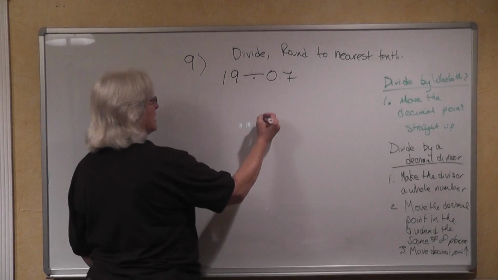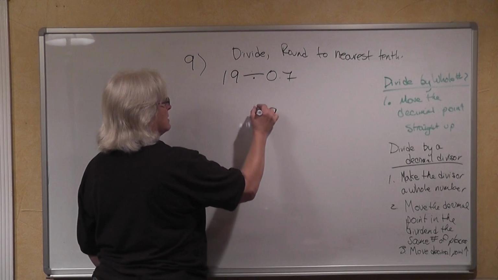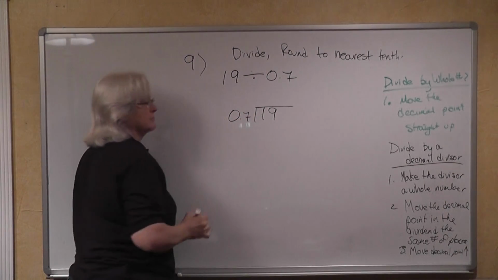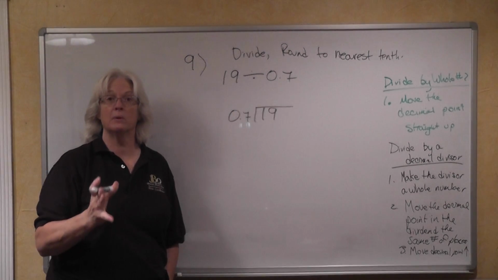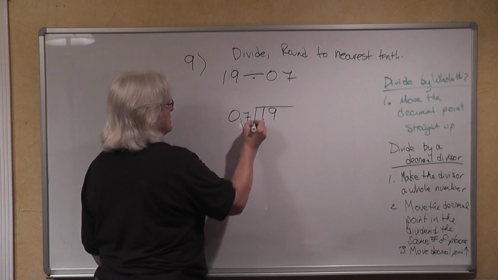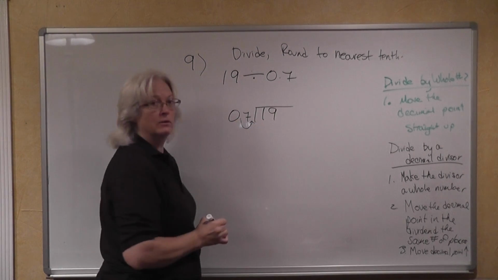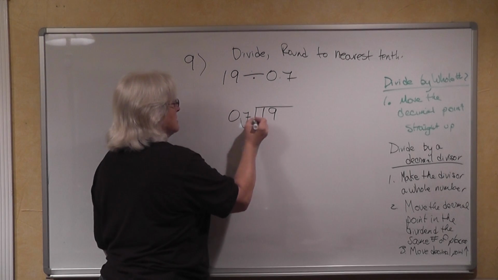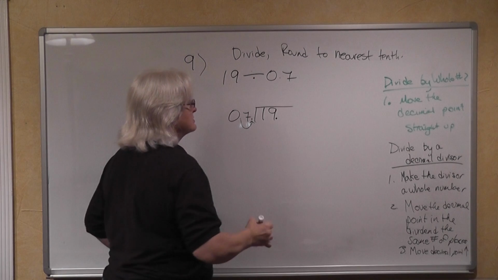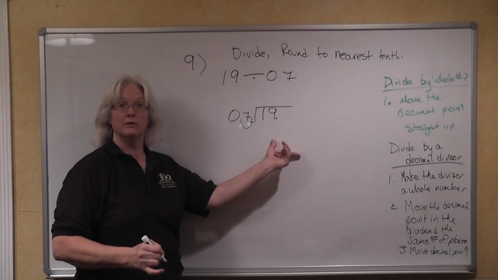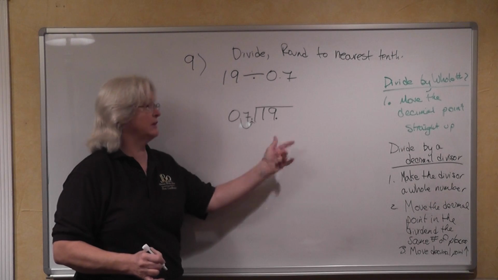First, we're going to divide 19 by 0.7. Because we're dividing by a decimal number, you have to relocate that decimal in the divisor the whole way to the right. We do that by moving it 1 place. Because we moved that decimal point 1 place in the divisor, you have to do that the same way in the dividend.